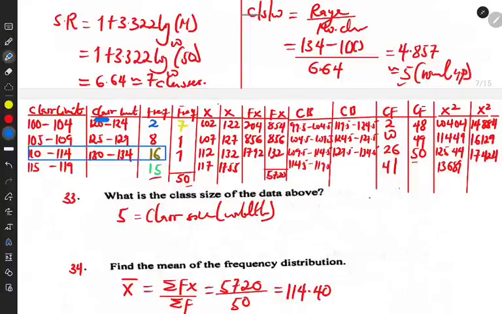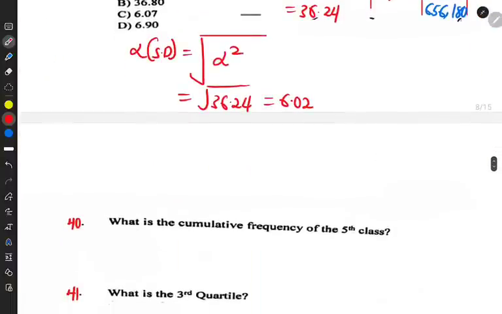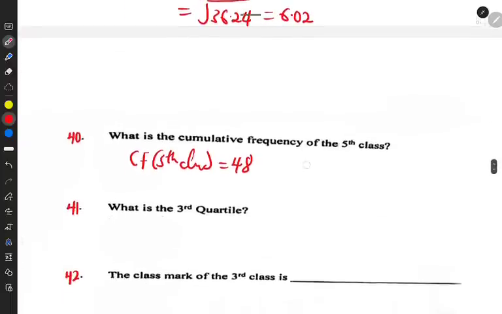Starting from here, you can see the 48. So that becomes the cumulative frequency, 48.